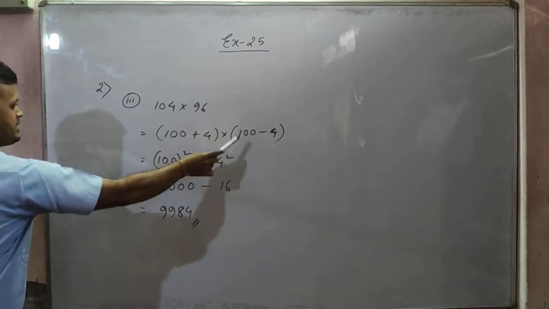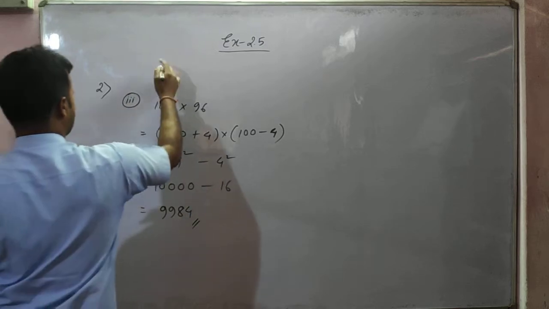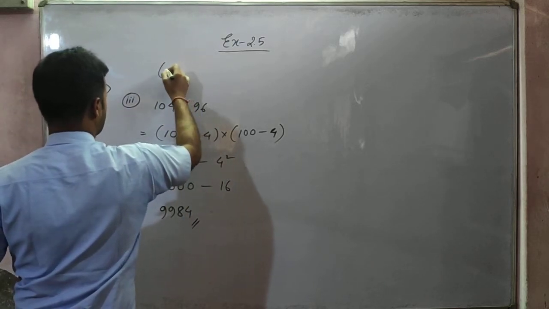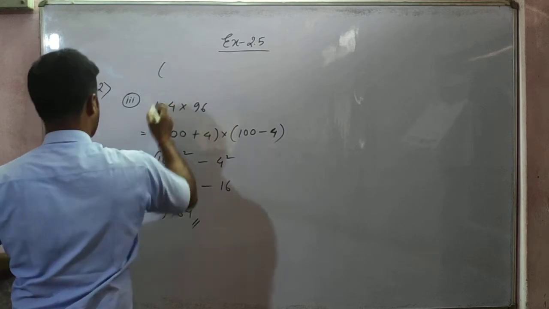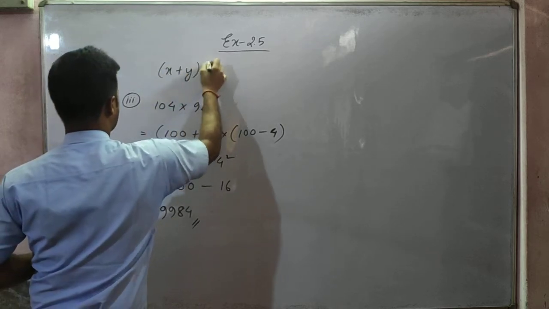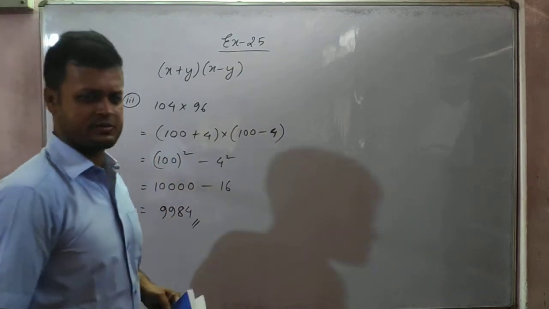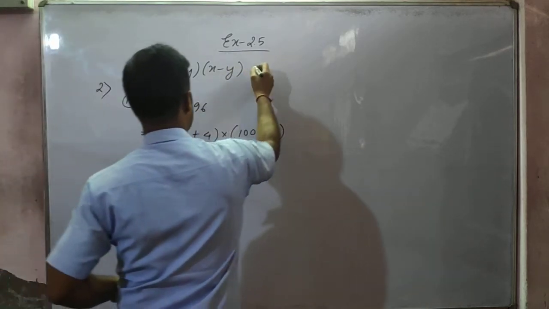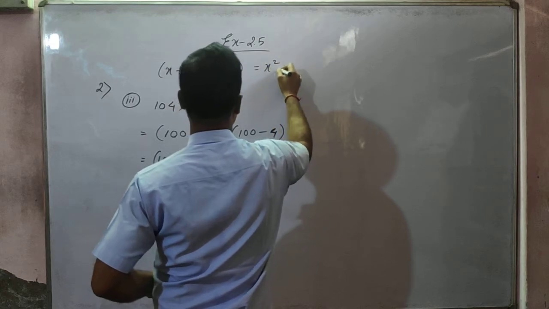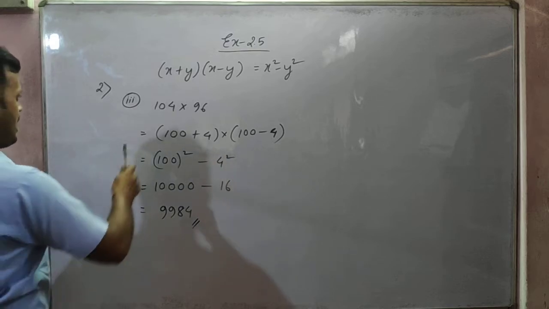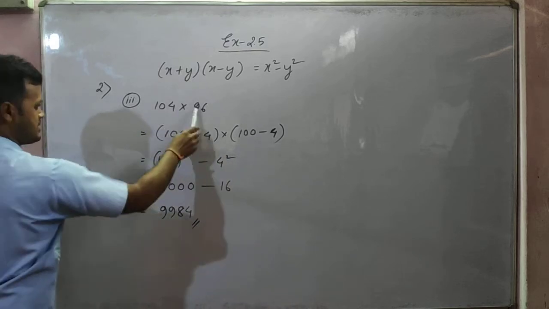So (a plus b) into (a minus b), or (x plus y) into (x minus y). Same only. x plus y into x minus y will become x square minus y square.